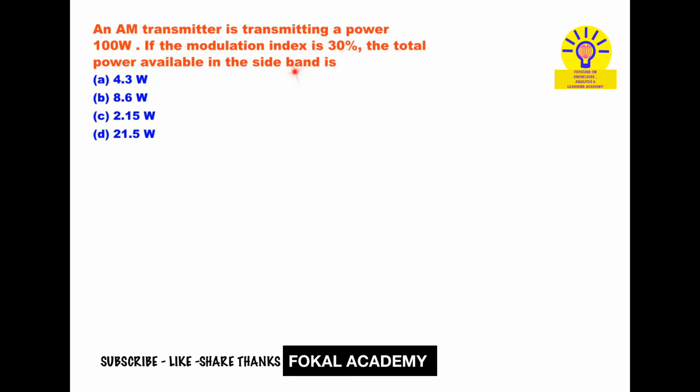We know that from the previous problem, the sideband power to total power is equal to mu square divided by 2 plus mu square. So from this formula we will get the sideband power. So this is the power efficiency formula. Total power is given, so substitute total power as 100 watts.